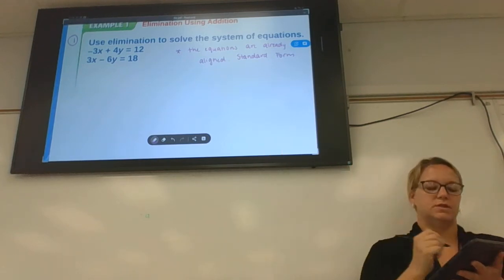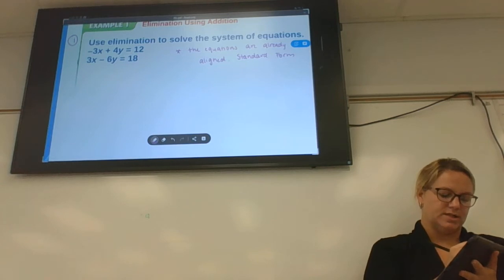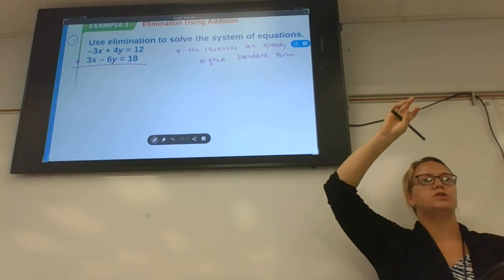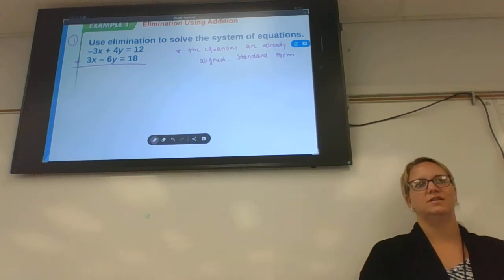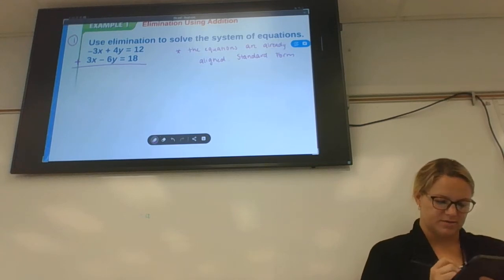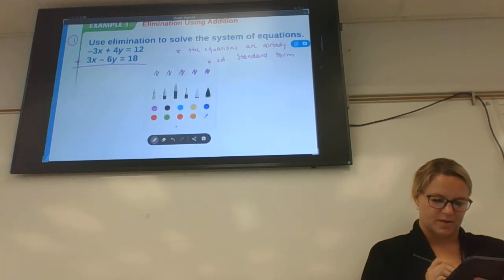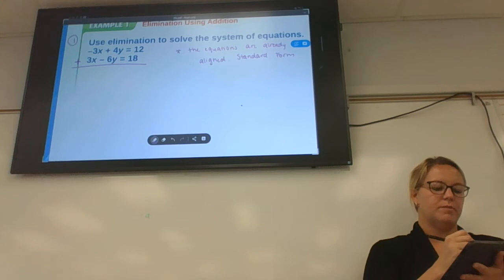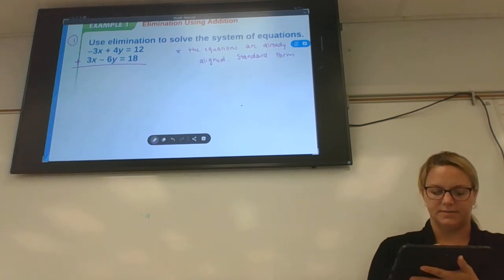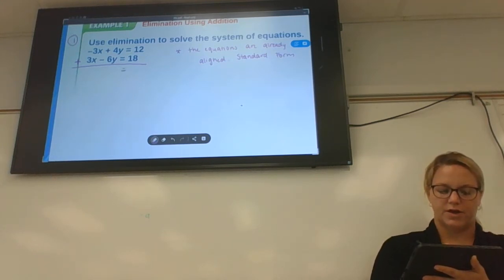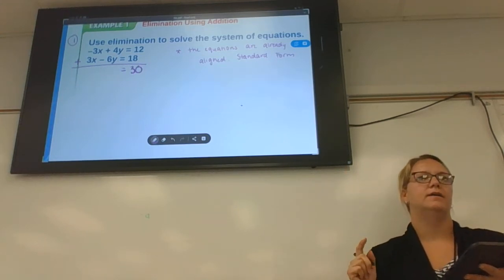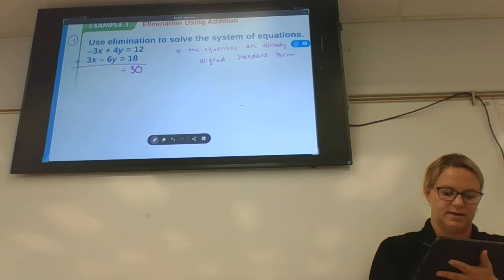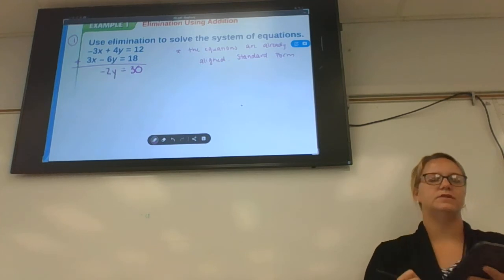So step two is to add the equations down. I'm going to do a plus sign here and a line, and I'm adding straight down like you learn to add. I'm going to start with 12 plus 18. 30. Then 4y minus 6y, negative 2y.